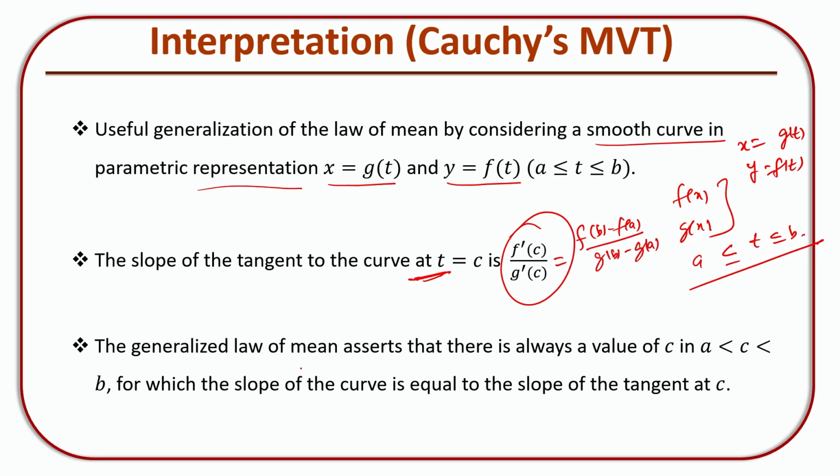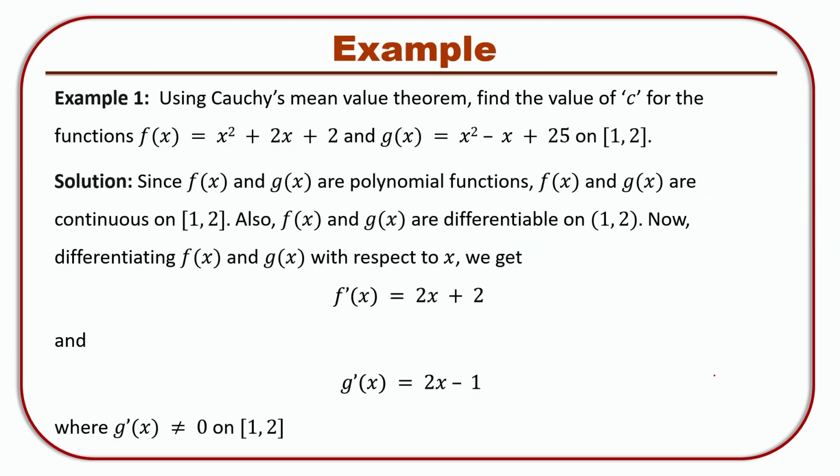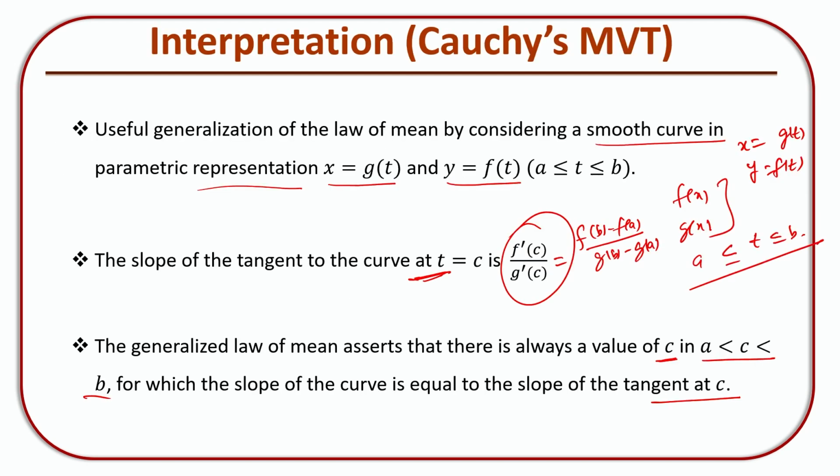The generalized law of mean value theorem asserts that there is always a value of c in (a, b) such that the slope of the curve is equal to the slope of the tangent at c. So that is what we interpret in parametric form, and by examples it will be very clear how the interpretations will be useful for you. So these are the interpretations, remember this one.